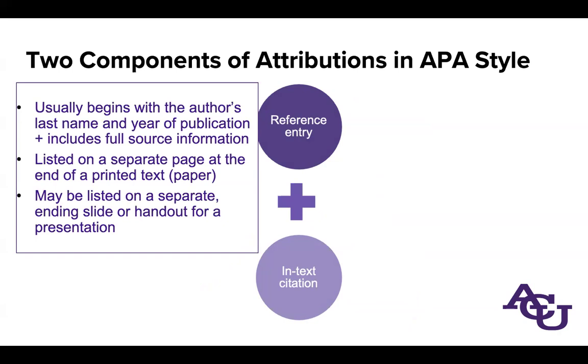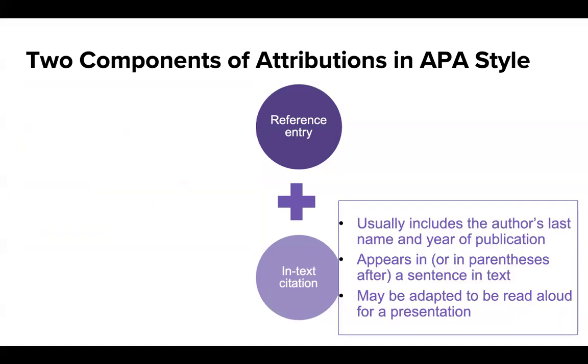In APA, your resources or reference entries are listed on a separate page at the end of your printed text or paper. They can also be listed on a separate ending slide or a handout if you happen to be giving an oral presentation.